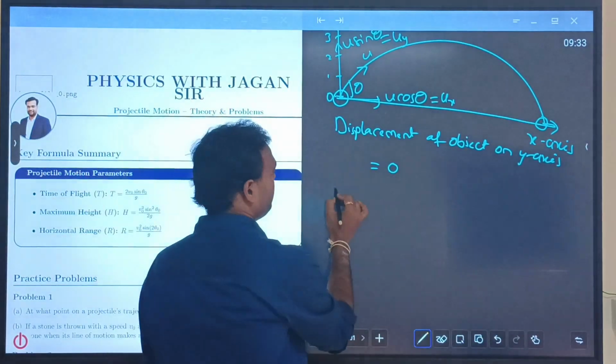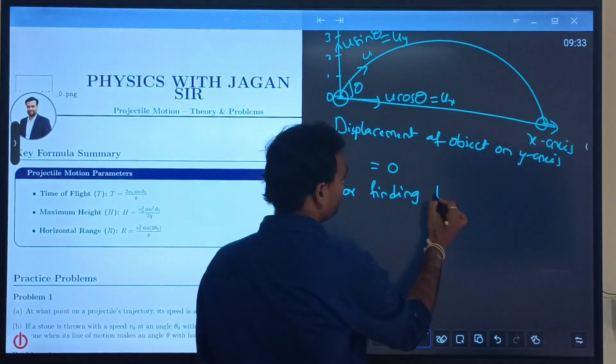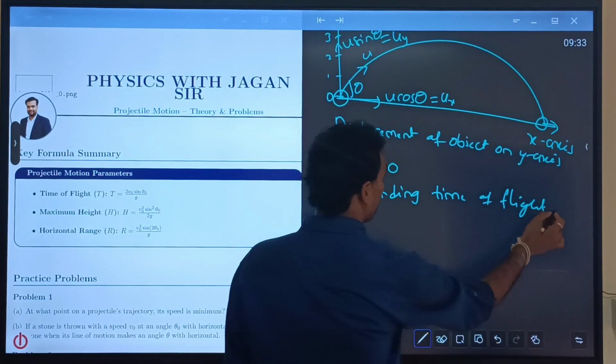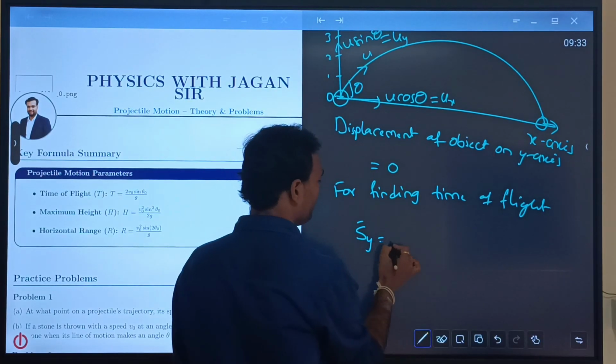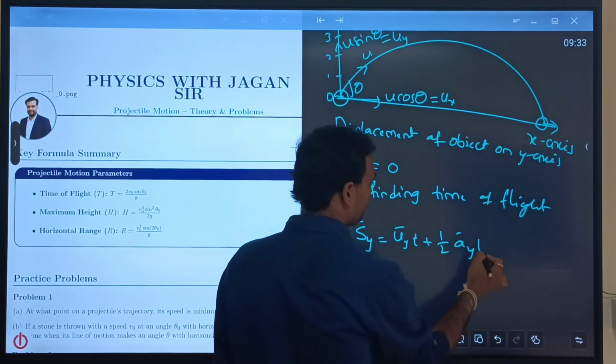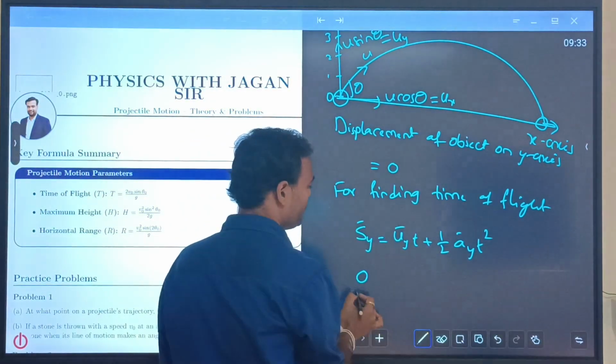Now for finding the time of flight, I am using s = ut + half a t square. The displacement on the y-axis is equal to the initial velocity on the y-axis into t plus half the acceleration on the y-axis into t square, and the displacement on the y-axis I have shown you as 0.